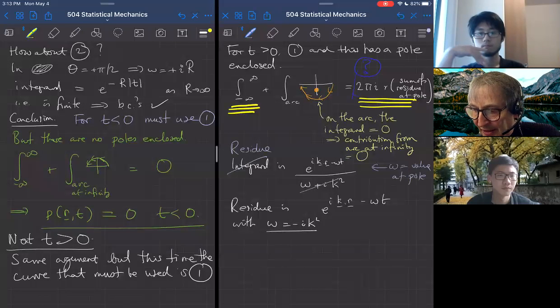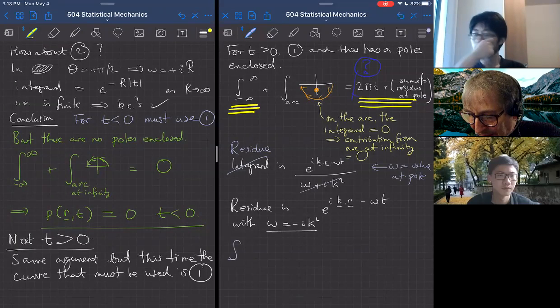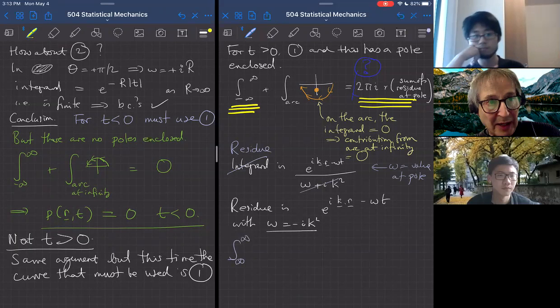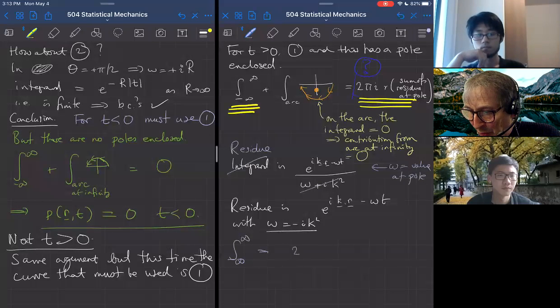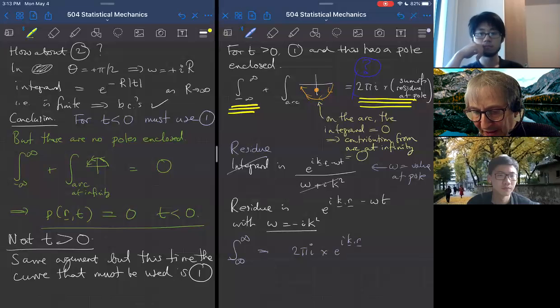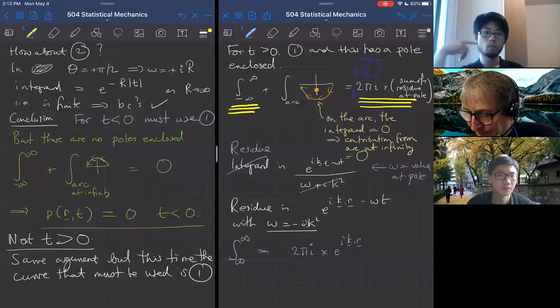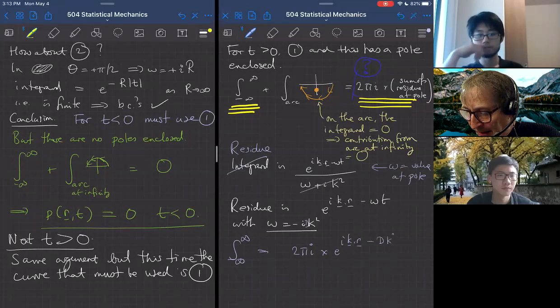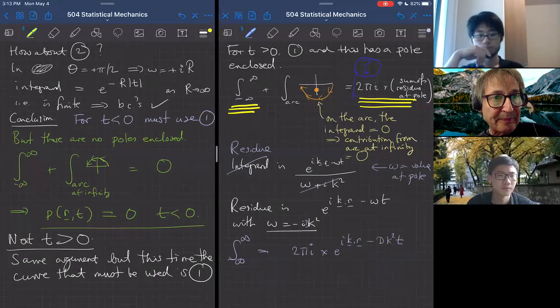Then what you get is that the integral from minus infinity to plus infinity, the thing that we actually want, is going to be 2 pi i times e to the i k dot r, and then omega is equal to minus d k squared t. There's a d in here. So this is minus d k squared t.